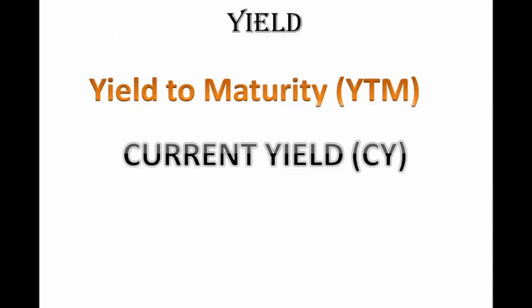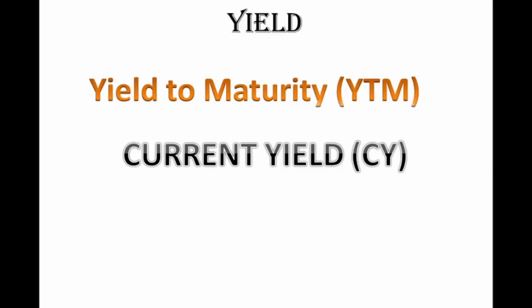Okay. Moving ahead, let us understand what yield is, because there's always a confusion between yield and returns. Yes, yield is a return, but it is in terms of percentage and not in terms of amount. There are basically two types of yields, that is current yield and yield to maturity. What is current yield? Current yield is what am I earning today.